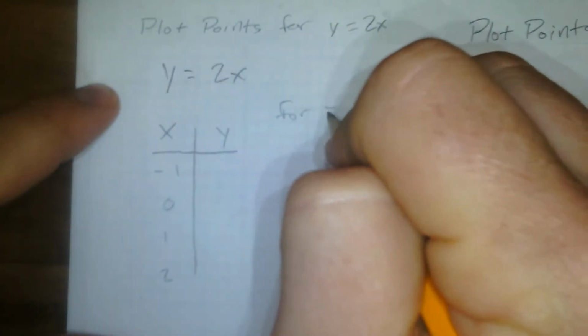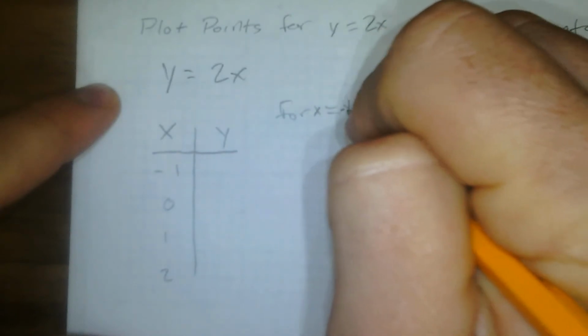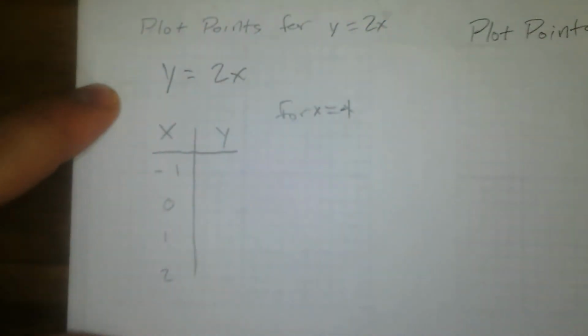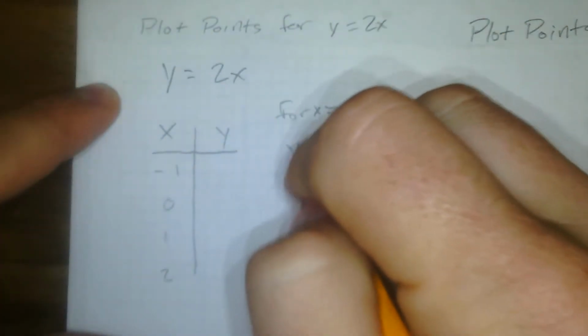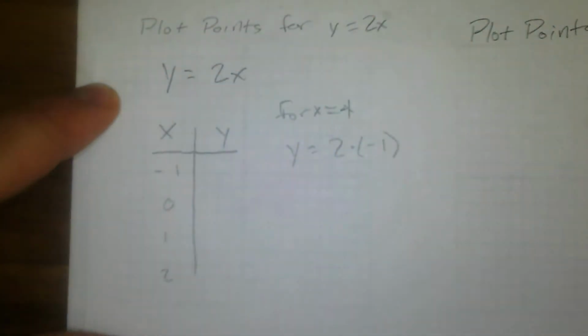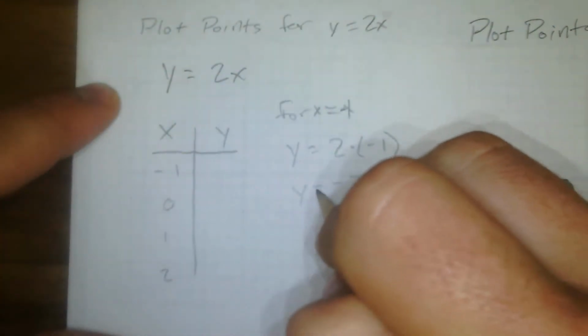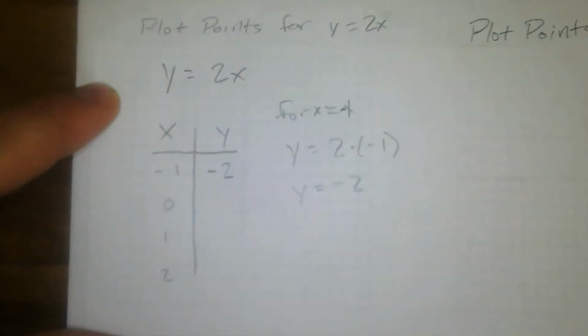So for when x equals -1, it'll be y equals 2 times -1. 2 times -1 is -2, so y equals -2.